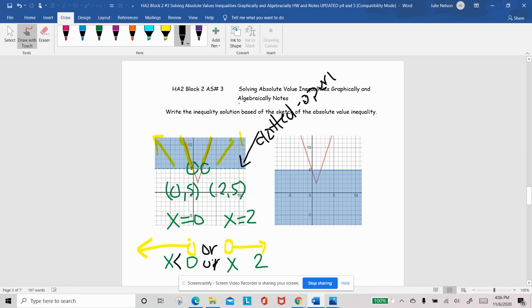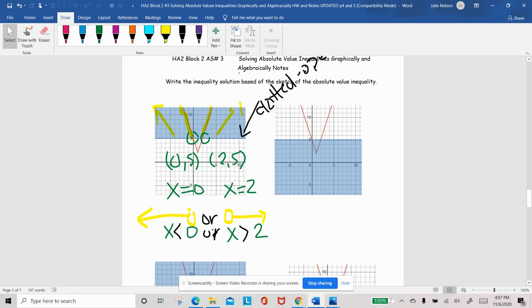That's less than, because it's pointing to the left. Notice that my black little symbol is pointing to the left, right? My black inequality. And I have an open circle going to the right, so I'm going to have a greater than symbol. So my answer is x is less than 0 or x is greater than 2.